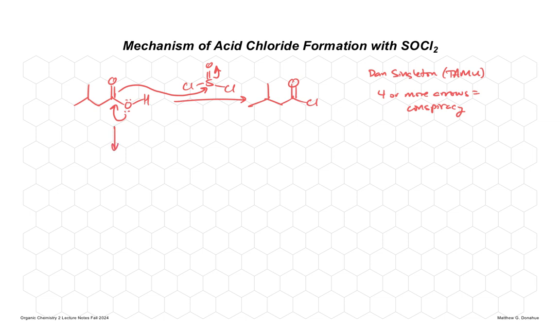What we're trying to do is make the OH into a good leaving group. And I've drawn it sort of in a roundabout way, but I wanted to show that being protonated.